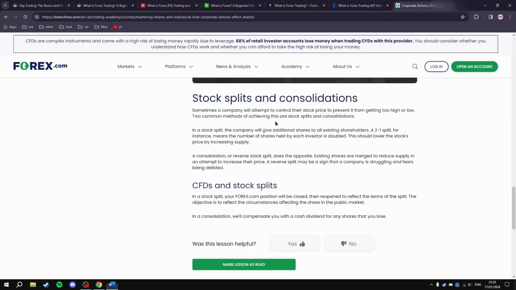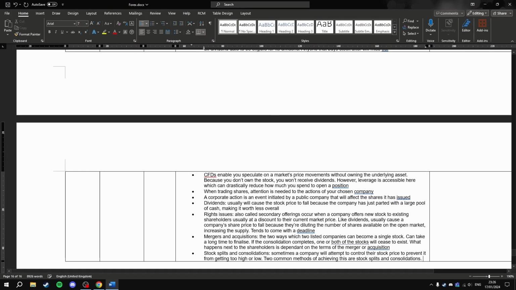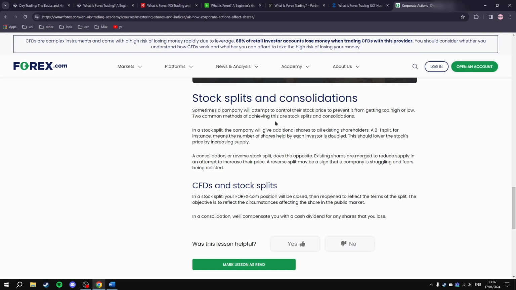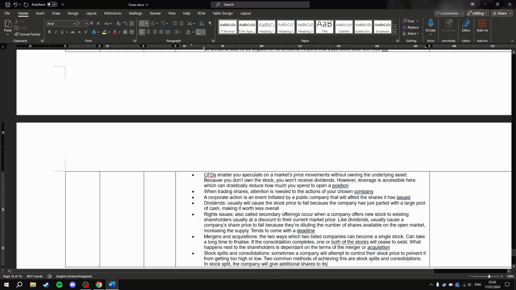In a stock split, the company will give additional shares to all existing shareholders.